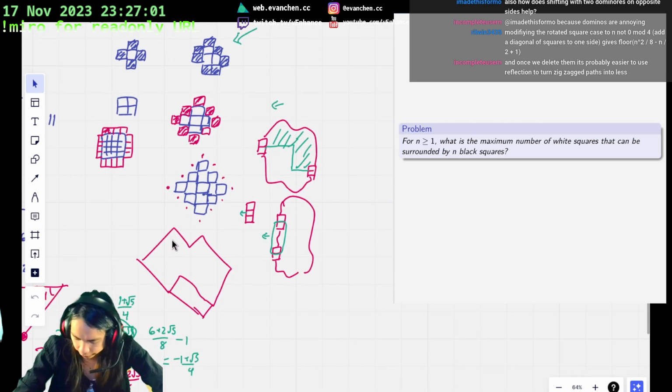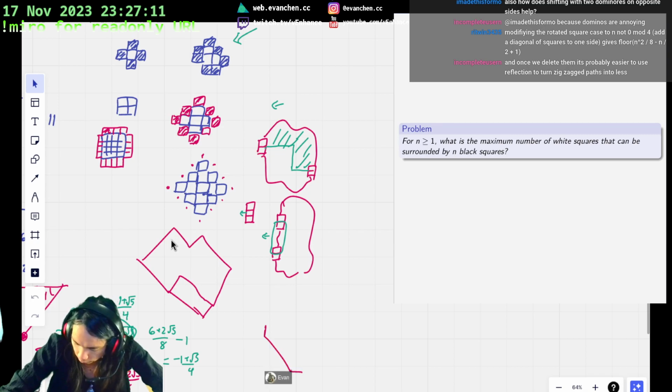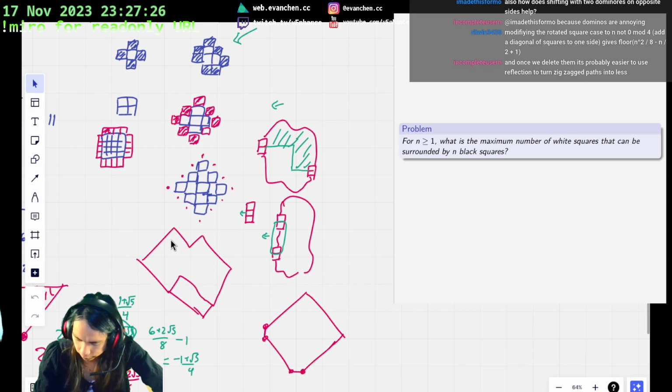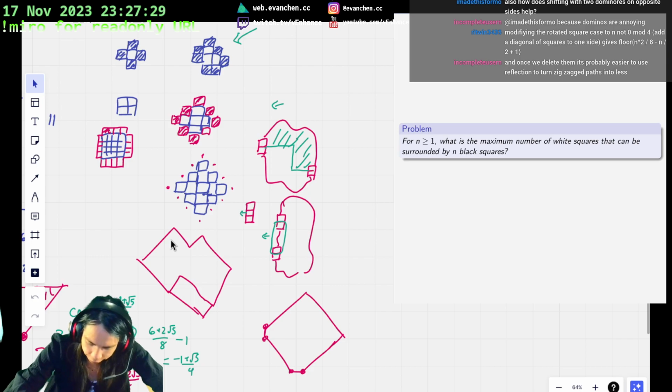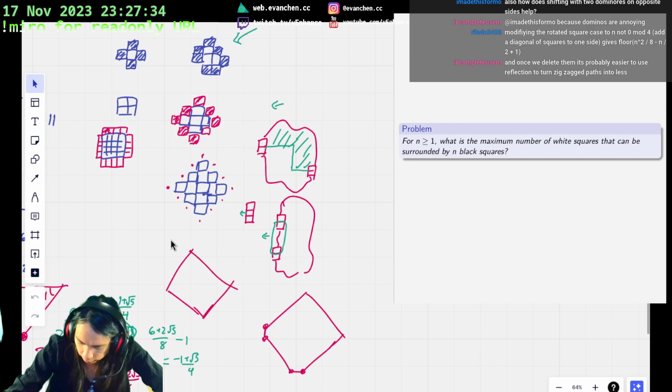And the dominoes come in pairs for parity reasons, so there's one other case, like this case. This is the only other case. And you can assume it's convex because when it's not convex, you can flip it. So you actually only have a diamond shape and a diamond with two things sticking out of it.